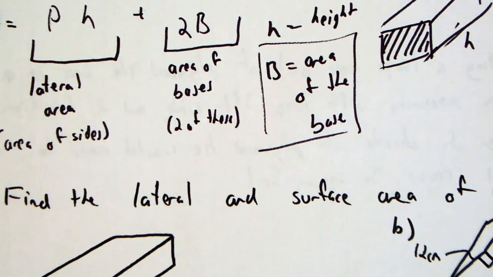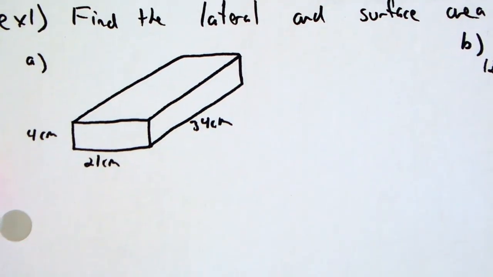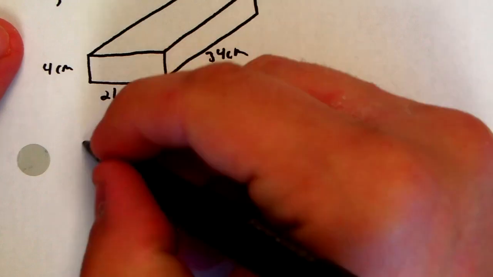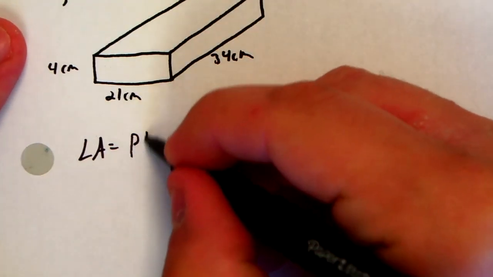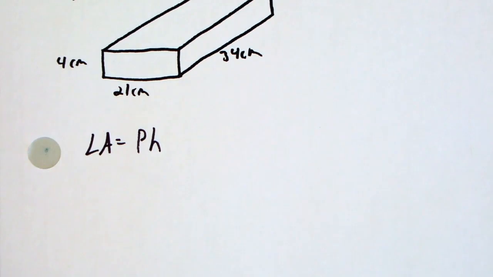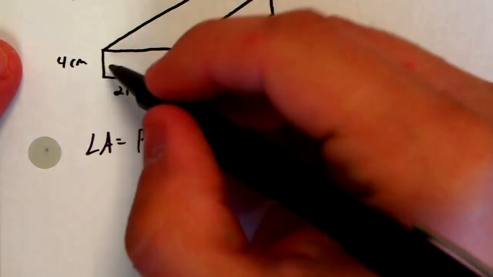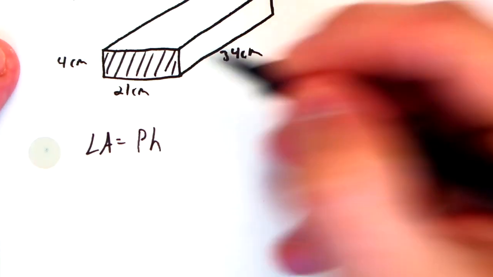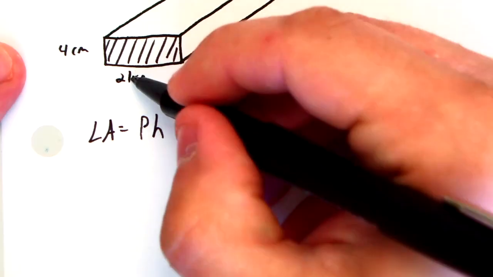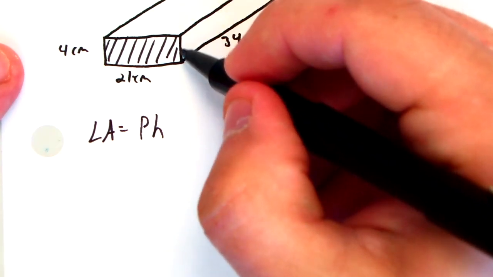So example 1, it says find the lateral and surface area of each prism. So first thing we want to do is the lateral area, and that happens to be the perimeter times the height. So the perimeter of this base, again, this here is the base, would be 21 and 4, and then another 21 and another 4.